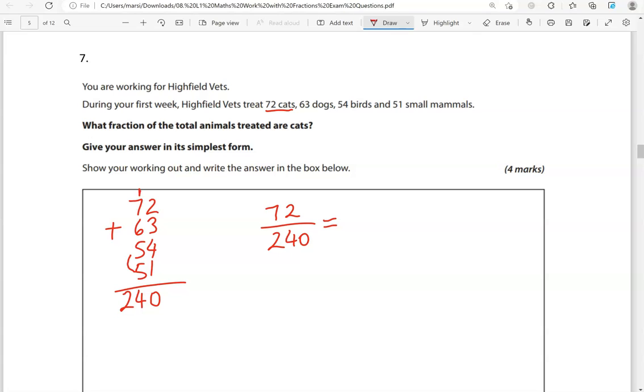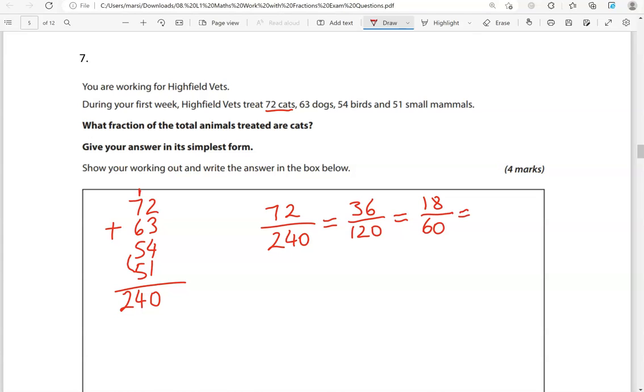So dividing 72 by 2 gives us 36. Dividing 240 by 2 gives us 120. We can keep going. We can still divide by 2, or 3 if you want. I'll divide by 2. That's 18, and this is 60.